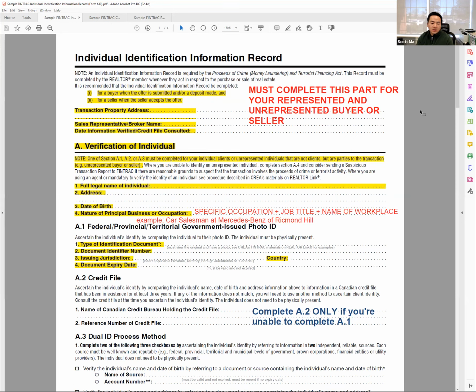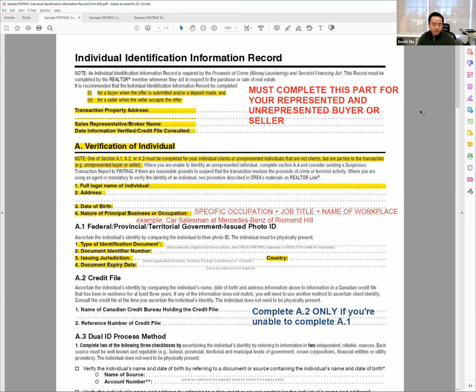And that's why whenever you submit a transaction, if you don't have the FINTRAC forms completed, your deal probably will not be closed. And so it's very important to get these done at the very beginning of your transaction, so you can check it off the box, not think about it again. And it just makes everyone's lives much easier if you get this info from the beginning.